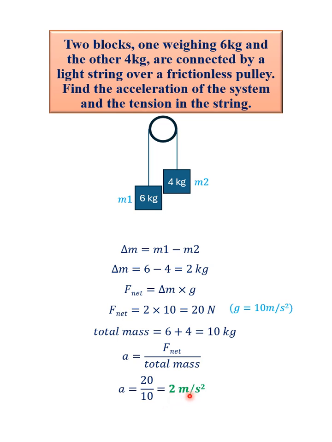So it is with this acceleration that this 6 kilogram object is moving down. It is with this same acceleration that the 4 kilogram object is moving up, because eventually both masses will be moving downward. Now let's go to the next page to calculate for the tension.